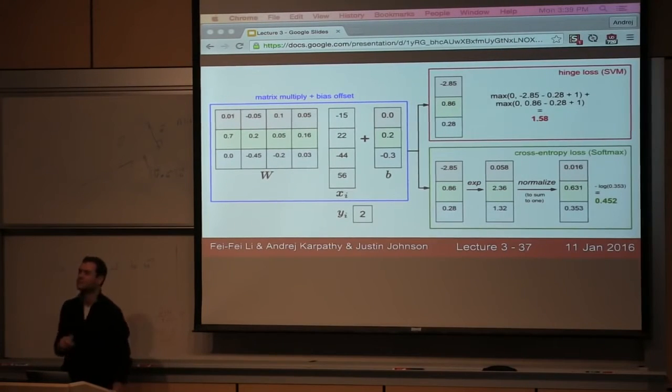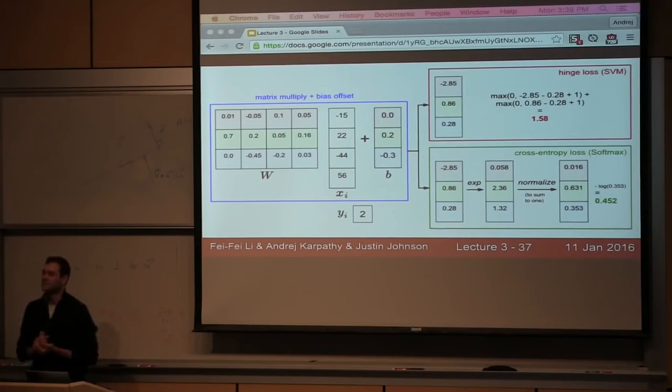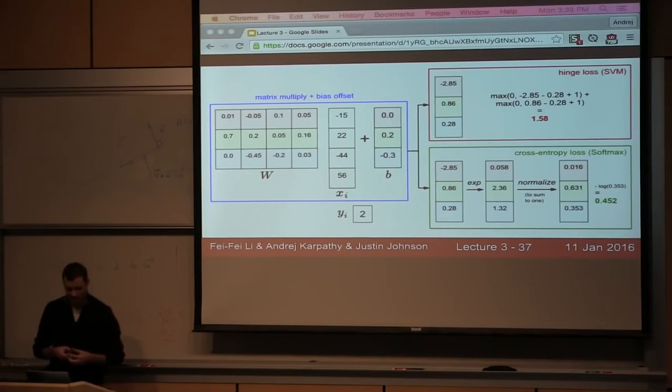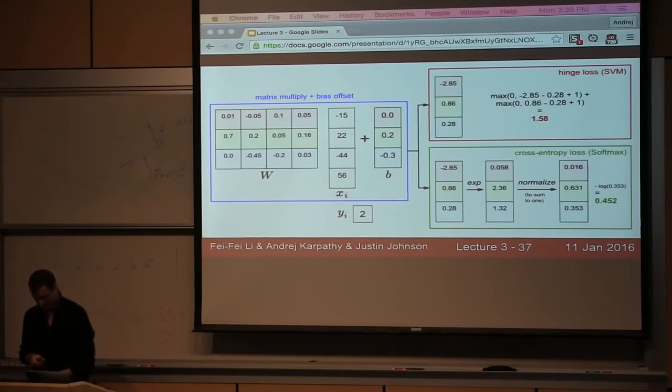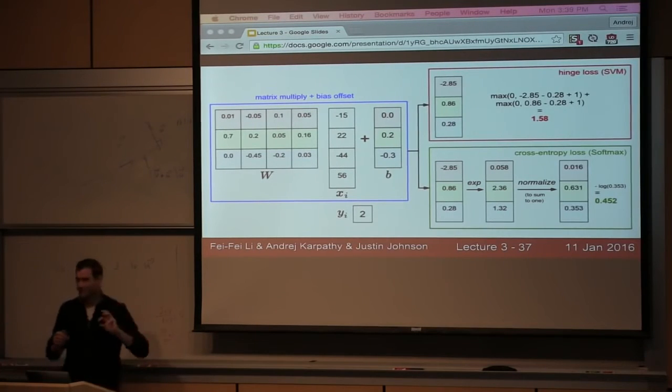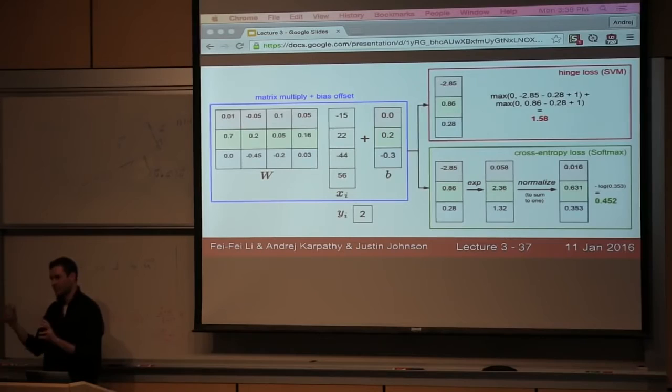Go ahead. Why do we take the log function even if the final value tells us the probability, like 0.631 being the highest number that is more likely to be the answer? Why do we want to maximize log probabilities instead of probabilities directly?